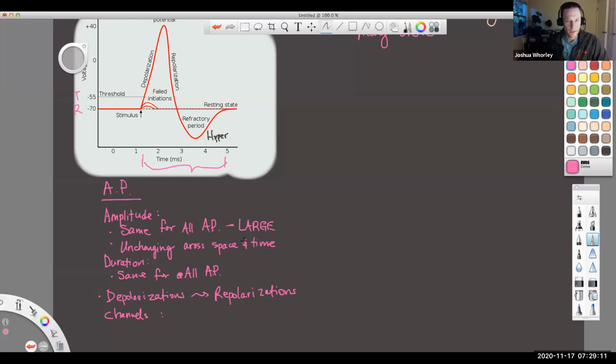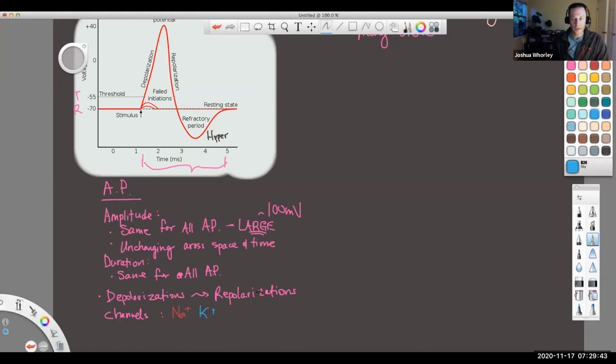Something I neglected to write out before, but we talked about it, is that the action potential amplitude is always very large, on the order of 100 millivolt change in the potential. The channels involved, remember, are always sodium, which are responsible for the depolarization, and potassium, which are responsible for the repolarization phase.